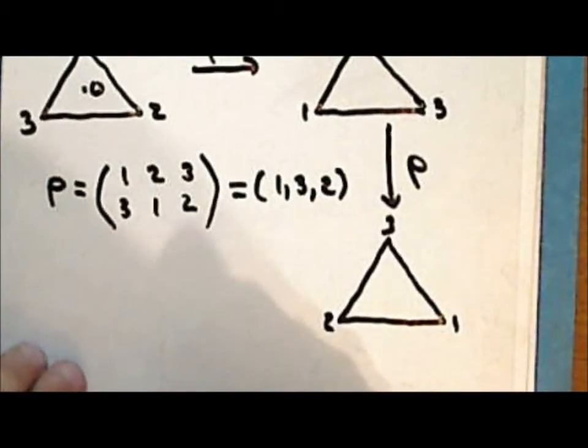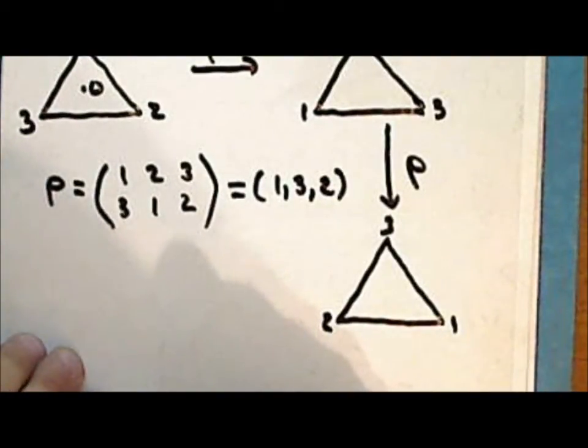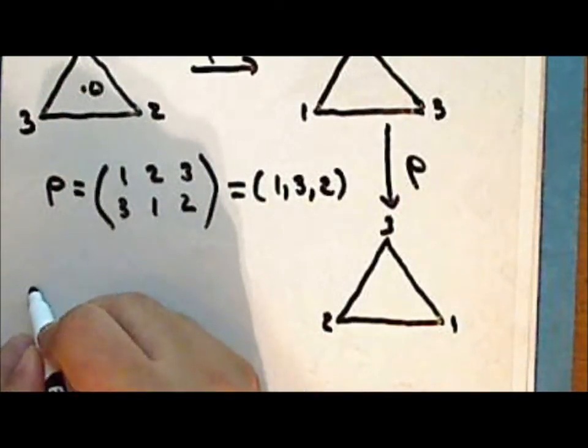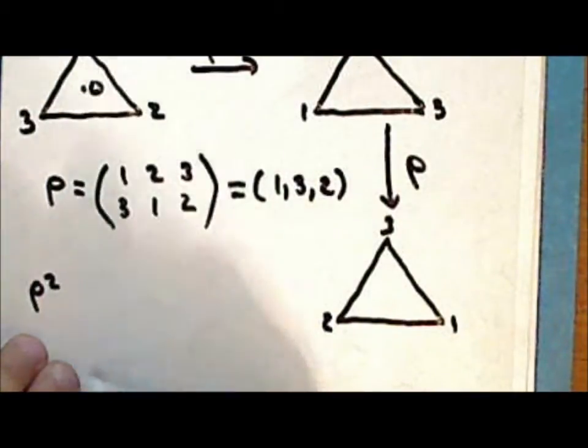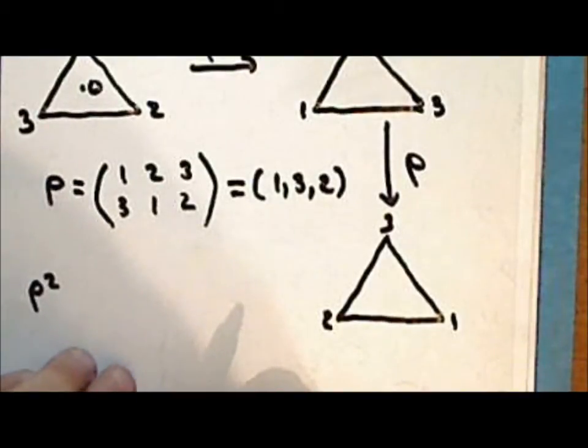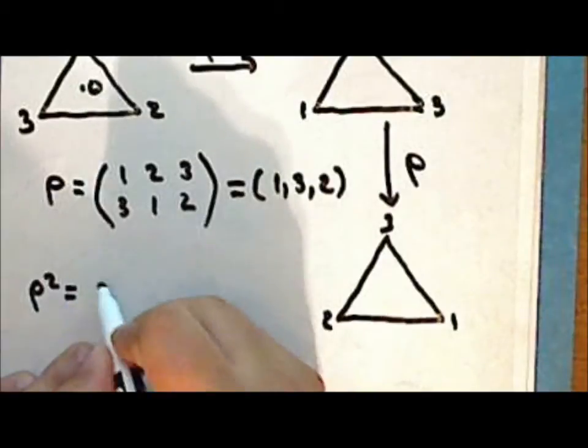And so this is a rotation of 120 degrees followed by a rotation of 120 degrees, or we can consider rho squared being the rotation counterclockwise by 240 degrees.